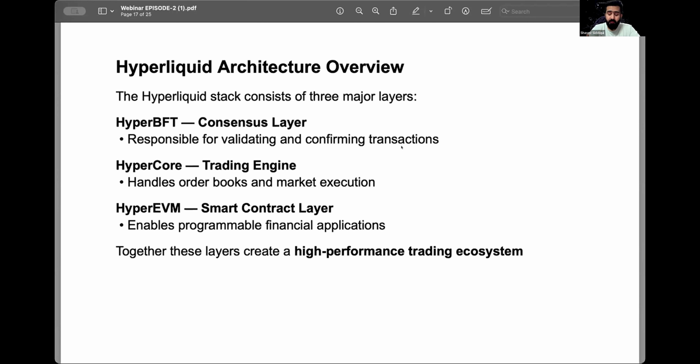It is very tech friendly for developers to deploy their smart contracts, DeFi apps, and dApps on Hyperliquid. I will also discuss later that there is unified liquidity between HyperCore and HyperEVM.